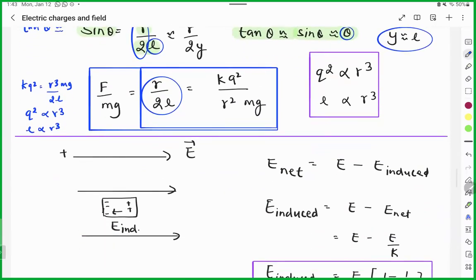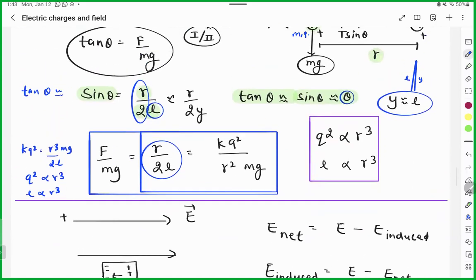Sir, could you explain the kq square is equal to r cube mg by 2L? This kq square remains same. Lower part, r square mg will go to another side. It will become r cube mg, this side with this r. Correct? Yes, sir. And 2L remains same.